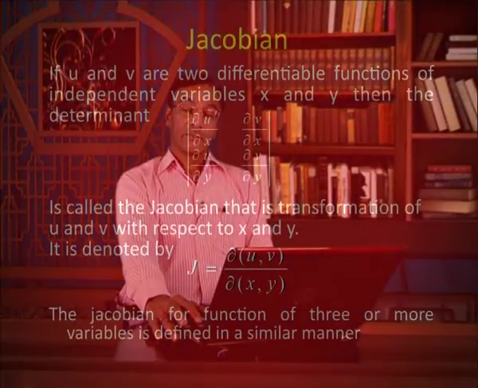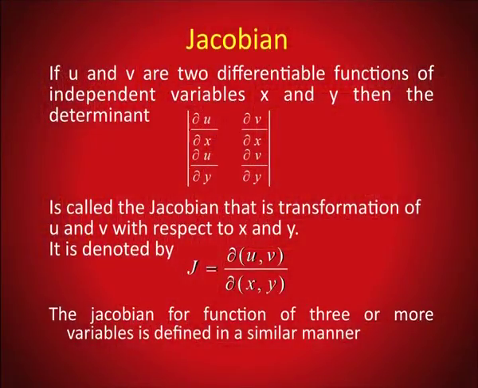Now, I will explain an important concept of partial differentiation, that is Jacobian. If u and v are two differentiable functions of independent variables x and y, then the determinant of the partial derivatives of u and v with respect to x and y is as follows.